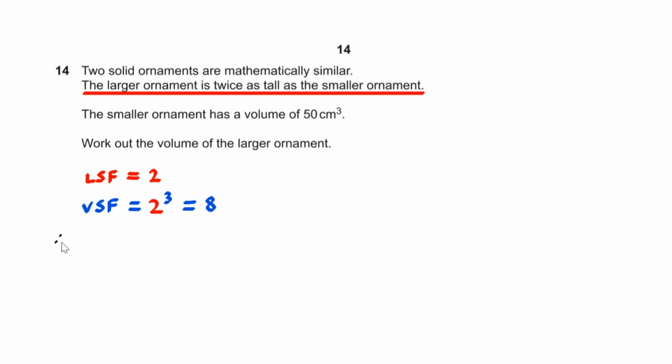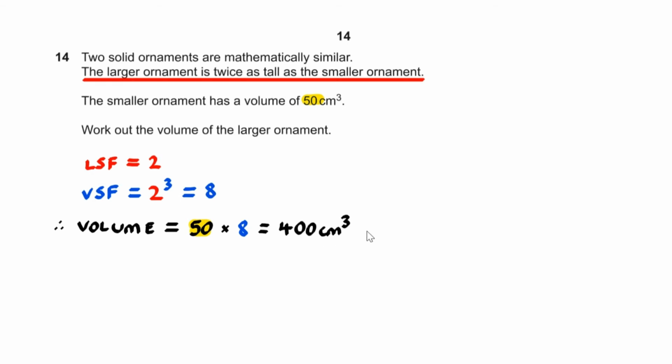And therefore, if the smaller ornament has a volume of 50, then the volume of the larger one will equal this 50 multiplied by 8, which is equal to 400. So we have 400 centimeters cubed.